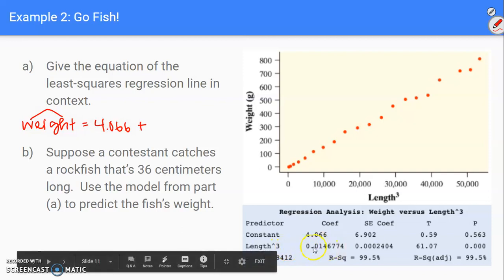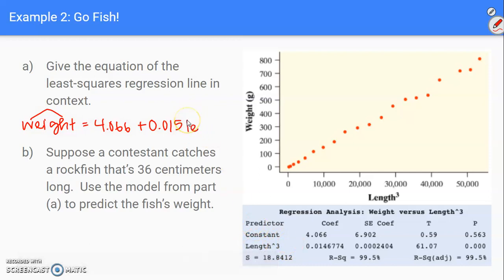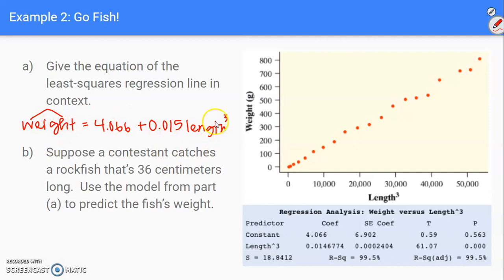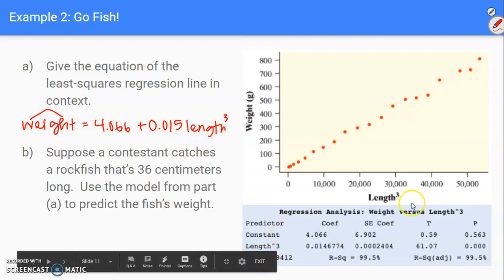My slope is positive, so plus, and then my slope is 0.0146, I'll say 0.015, times my x variable, which is length, but now I have length cubed, so I'm going to write length cubed. Right, so now I still have an equation. I still wrote it the same way that I did all my linear equations, but I'm just adding in that cube because that's what I was dealing with.